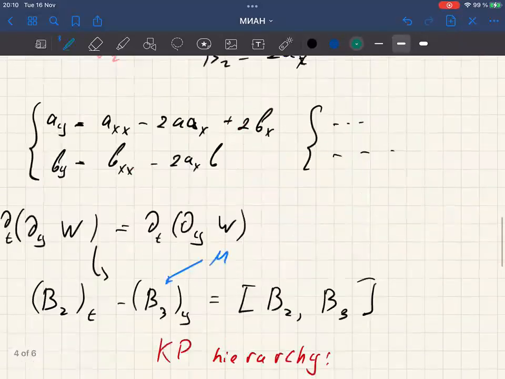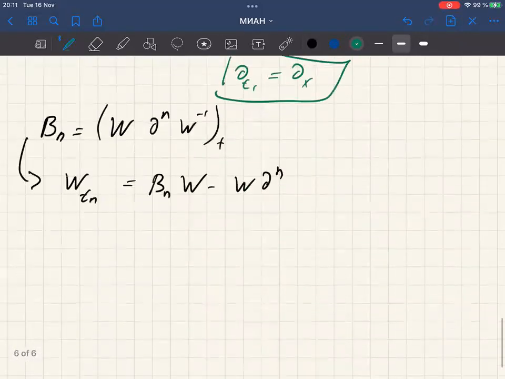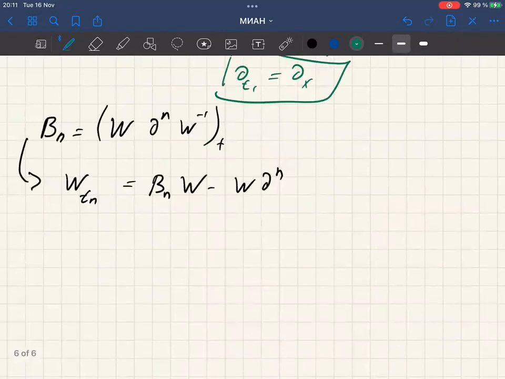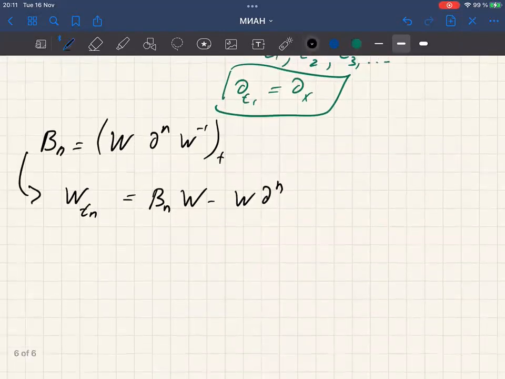Okay, so this system is infinitely many equations, and they give us the hierarchy.